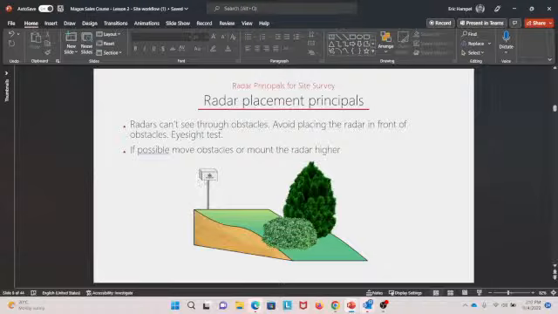Next will be, can we increase the elevation of the radar, so we can look above more easily than in such a blocking event here. Of course, this is very relevant with regards to buildings as well. So in general, of course, we need to have updated information. Do we plan the radar setup during the course of construction?